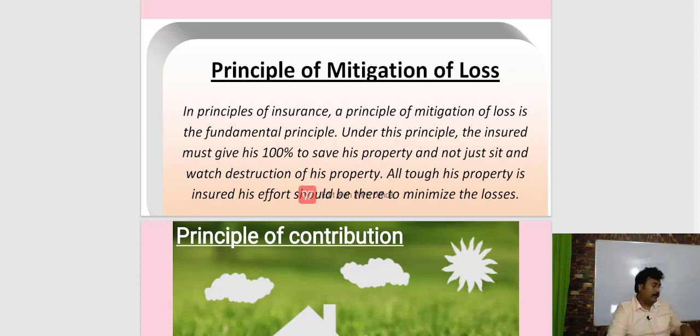The last principle we have to discuss today is the principle of mitigation of loss. It is very simple. When we take insurance of anything, it doesn't mean that we don't have to care for the property just because we know the insurance company is there to pay for any damage. This principle says that if you insured a product, and you do not take care of your property and intentionally damage it, then the insurance company will not make the payment to you.